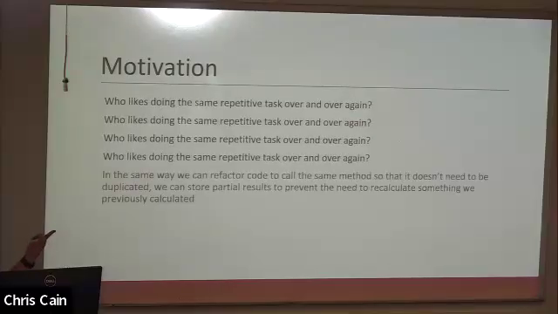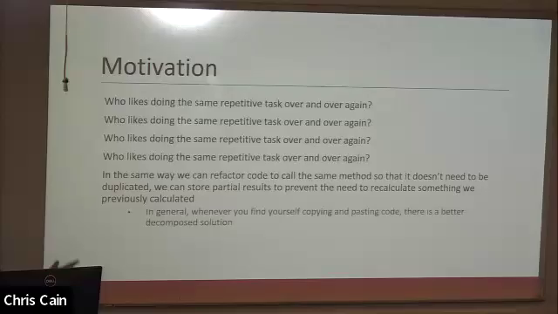So we can refactor code to reduce code duplication, a very important thing for us to do. But algorithmically, the equivalent of that is recognizing when we are asking the same question over and over and over again and going through the calculation to get the answer. So when you find yourself copying and pasting code, there's always a better decomposed solution. Call the code that you just wrote, or wrap it in a method and then call that method whenever you would be copying and pasting that code.